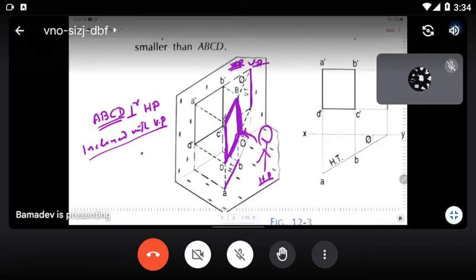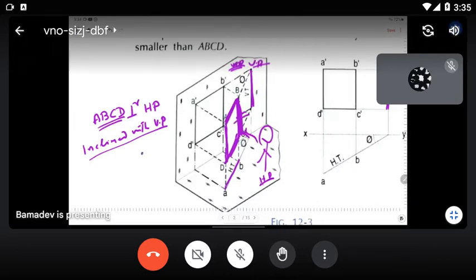This side is parallel to the vertical plane, so when it is extended, the intersection will have the same length as this side. So you will draw the vertical trace first, which is equal to this side.